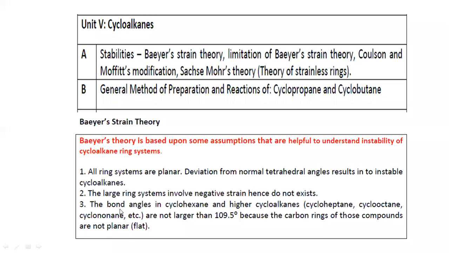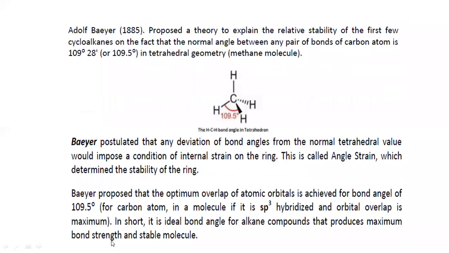The third postulate: the bond angle in cyclohexane and higher cycloalkanes, that is cycloheptane with 7 carbons, cyclooctane with 8 carbons, cyclononane with 9 carbons, etc., is not larger than 109.5 degrees because the carbon rings of those compounds are not planar in nature.